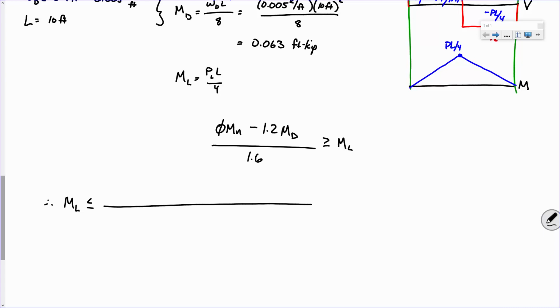It's like what, 117.36 foot kips minus 1.2 times M sub D, which was a really small number. You could almost neglect it. And then 1.6 is a constant value. So M sub L must be less than or equal to what?